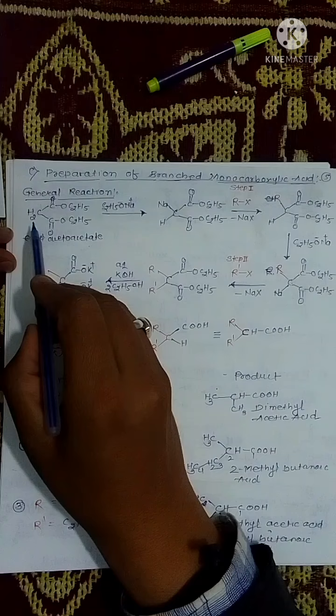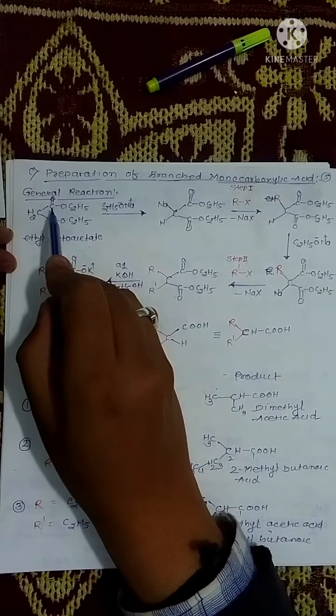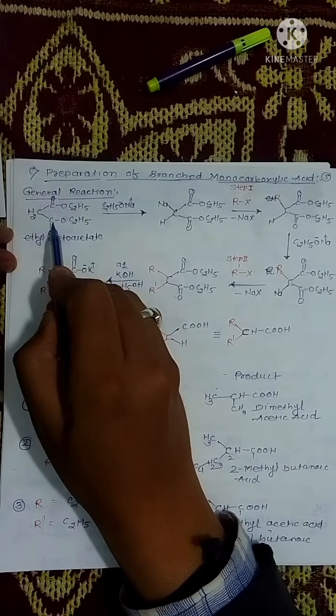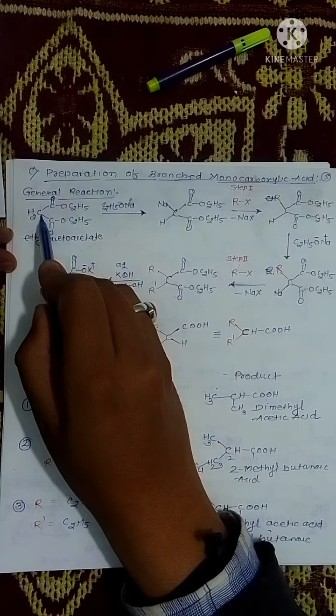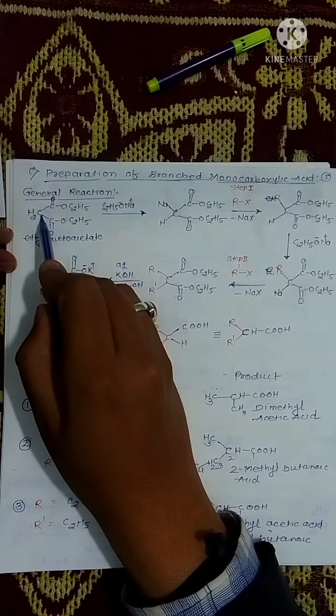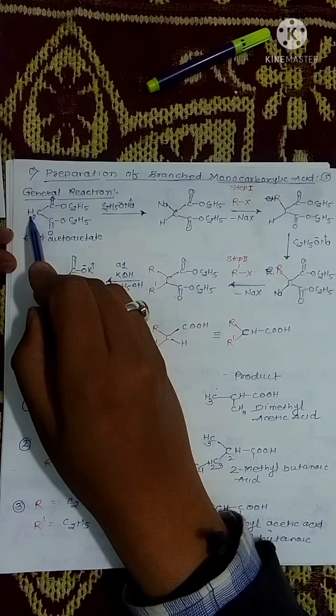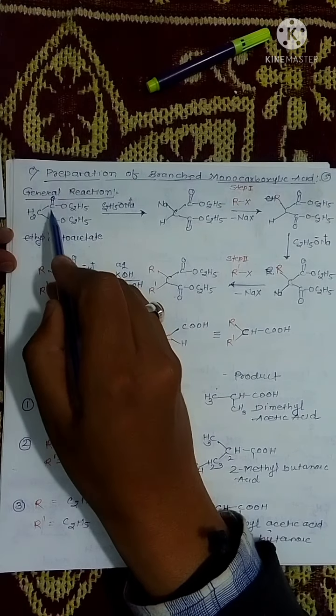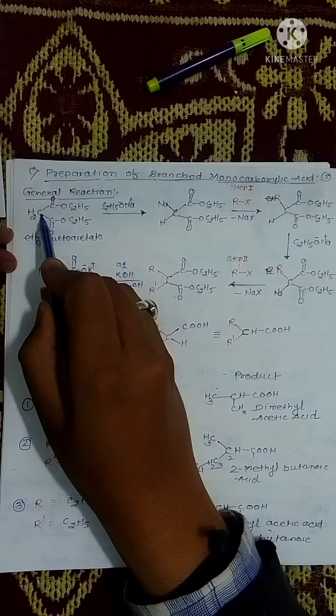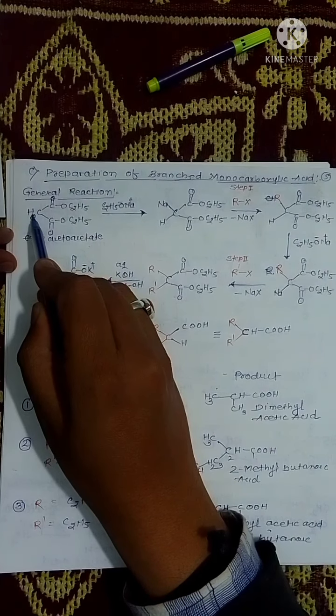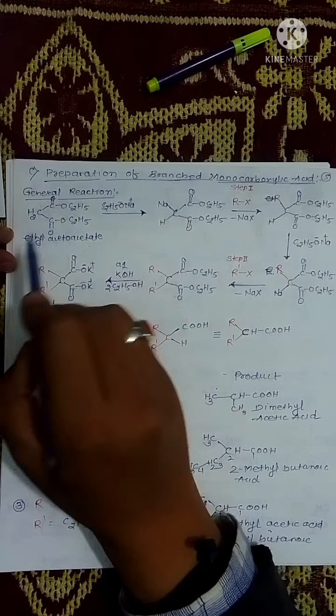In yesterday's class, we saw that due to these two carbonyl groups, this methylene group is known as an active methylene group, and due to the presence of these two electron withdrawing groups, the hydrogen on this carbon is acidic in nature.